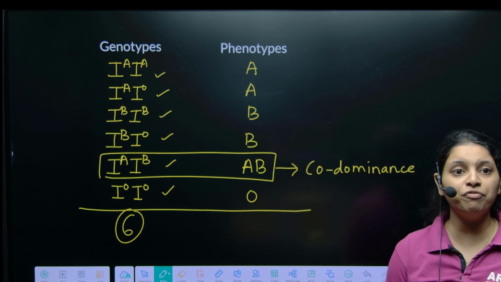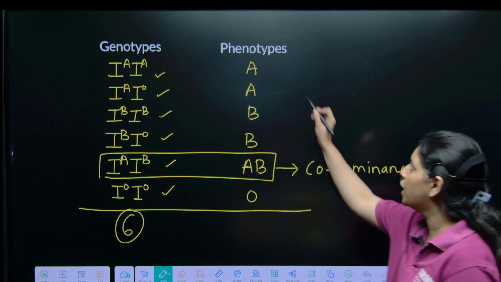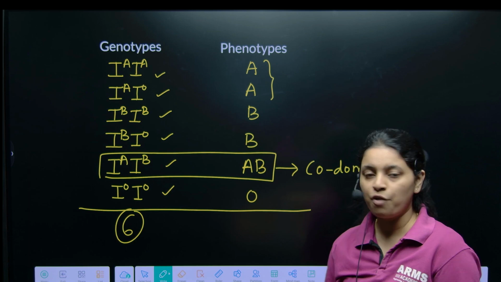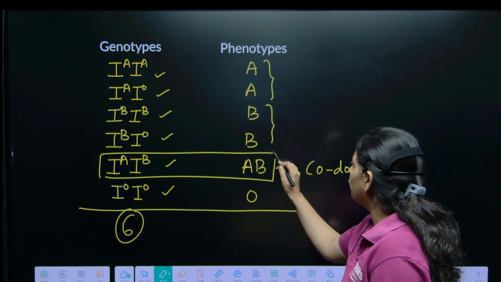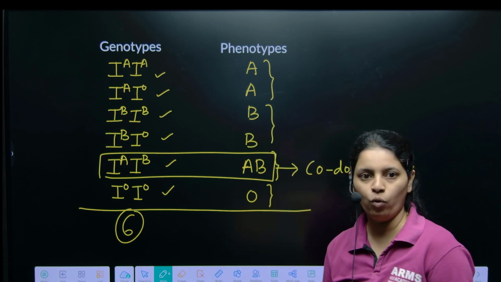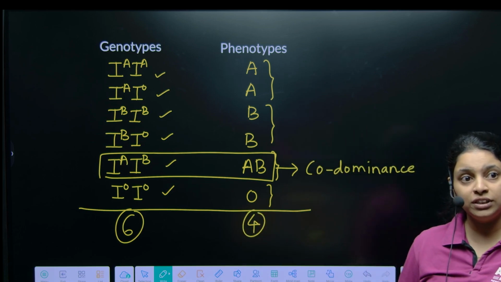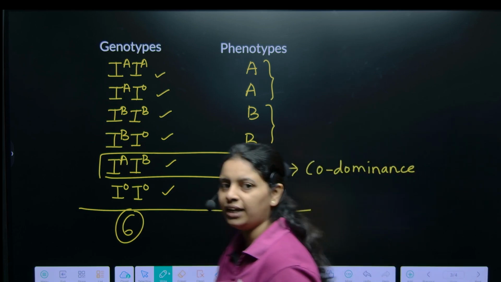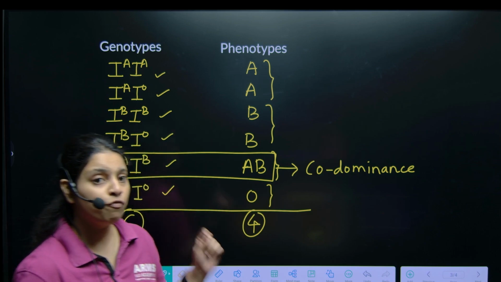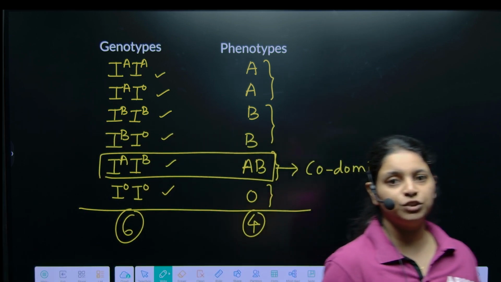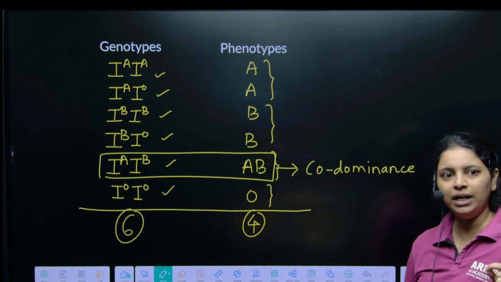What about different phenotypes? We have A, B, AB, and O. So total 4 phenotypes, right? This is a very important point. We have 6 different genotypes and 4 different phenotypes with respect to the ABO blood grouping system.